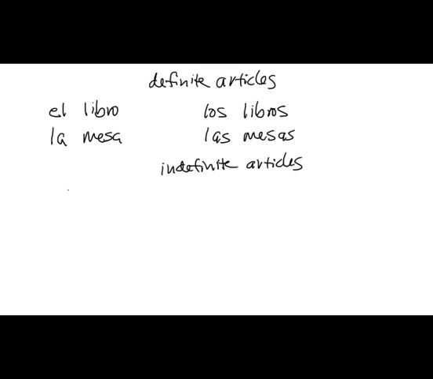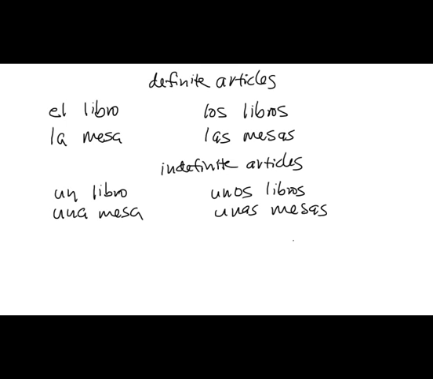In Spanish, the indefinite articles are: masculine singular, un; feminine singular, una; masculine plural, unos; feminine plural, unas. So, un libro in English is a book. Unos libros, some books. A table, una mesa. Some tables, unas mesas.